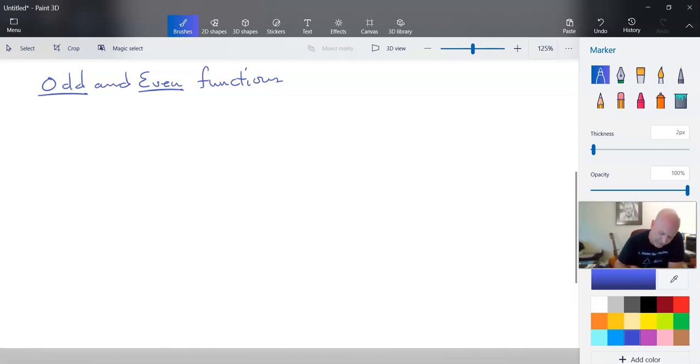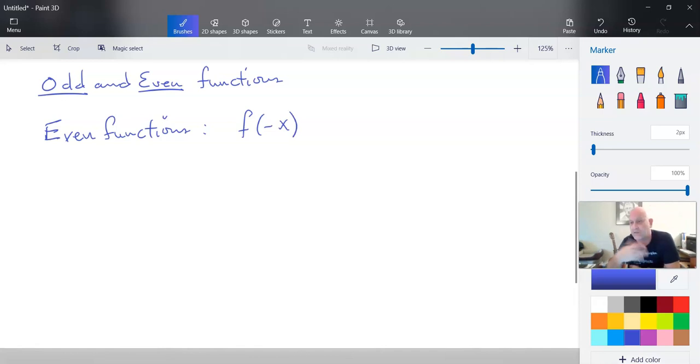So even functions is actually easier to tell. Even functions basically have this property that if I stick a negative x in for x, right? So I substitute negative x in for x. This is the same thing as what you started with, right?